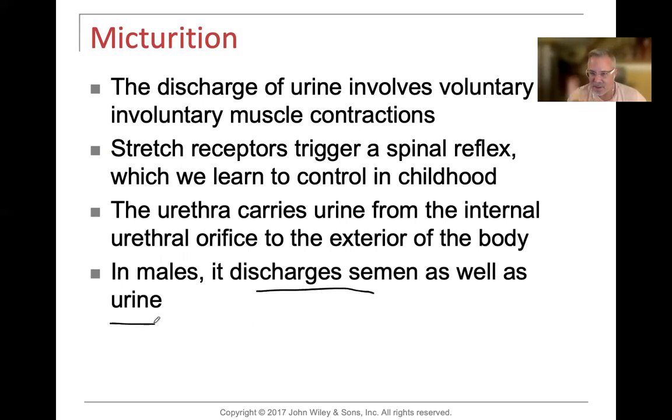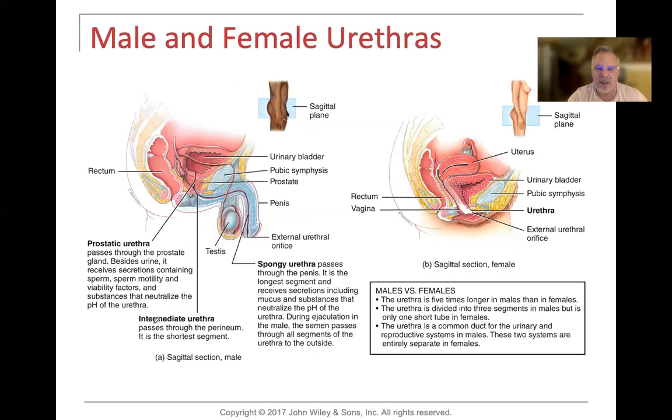So let's take a look and contrast the male and female system. On the left-hand side, we're obviously looking at the male, and on the right-hand side, we're looking at the female. Here we have the testes.